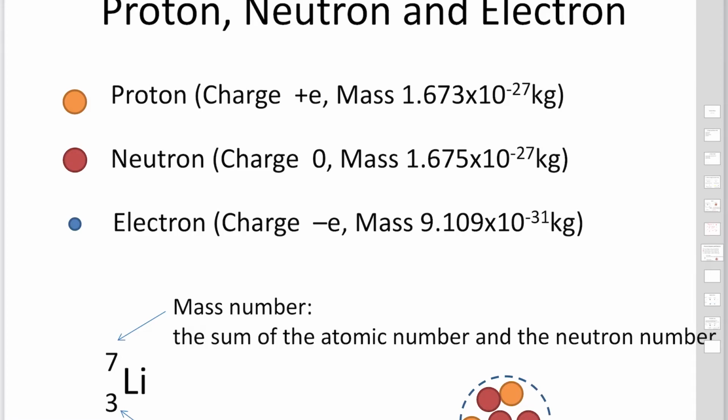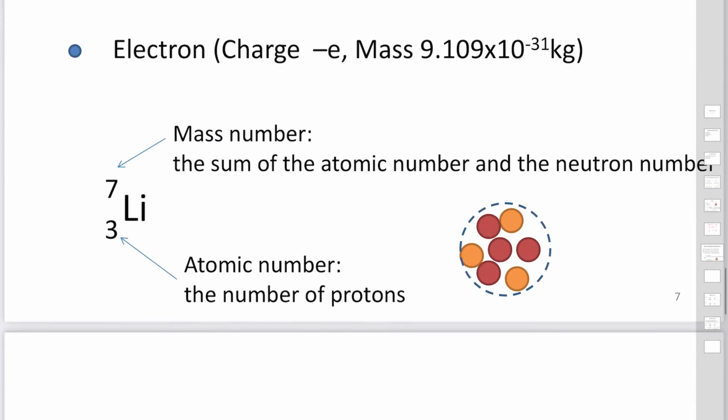To describe the nucleus, we can use two numbers. So this number is 3. So lithium has 3 protons. So 3 means 3 protons.